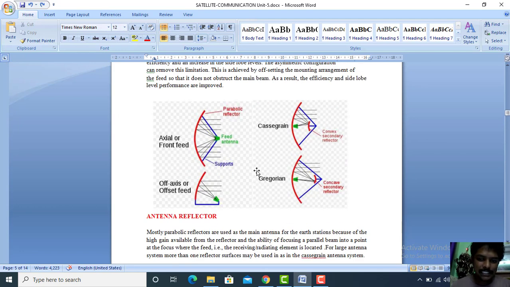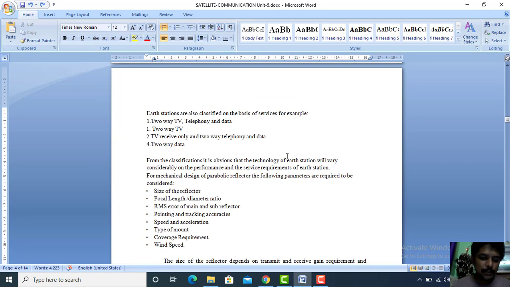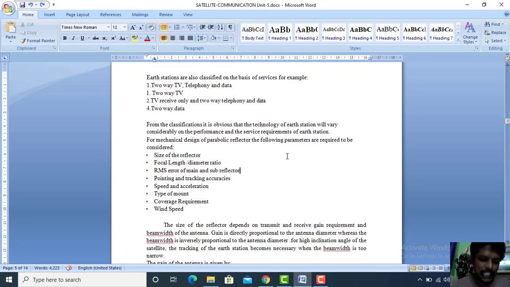This indicates that your sub reflector is a convex or concave reflector, with your main parabolic reflector, and we will see the root mean square error calculation as one of the parameters.